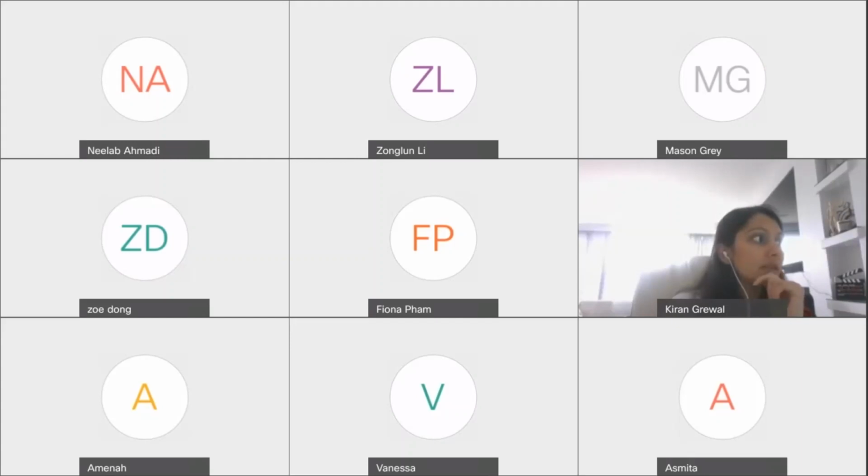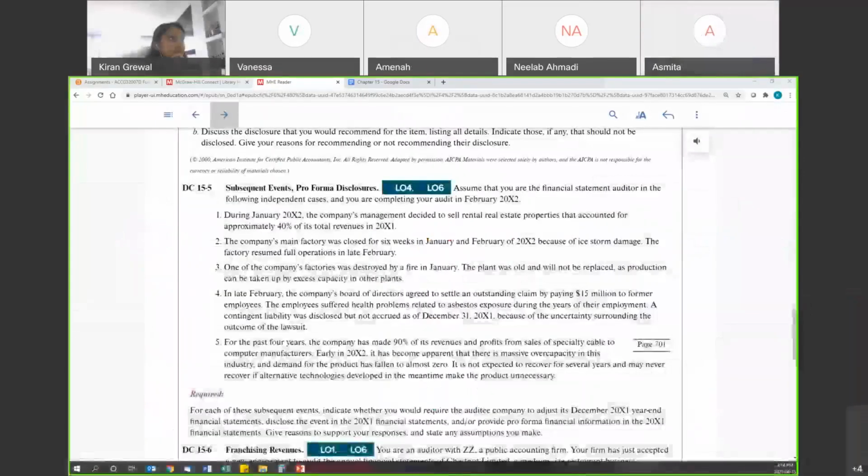All right, so the exercise I want to do is DC 15.5. Let me share my screen so I can show it to you. All right, so this has to do with subsequent events. So there's two types of subsequent events. Subsequent events are after year end but before the financial statements are finalized.